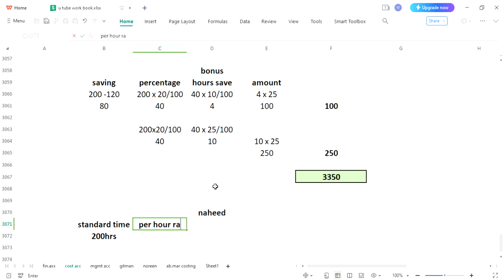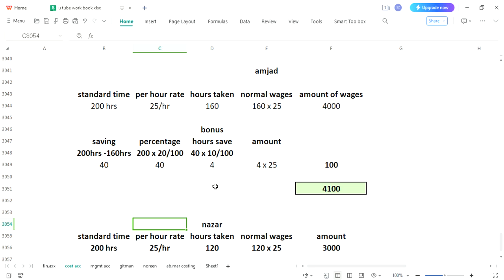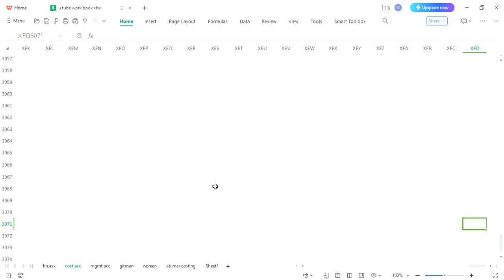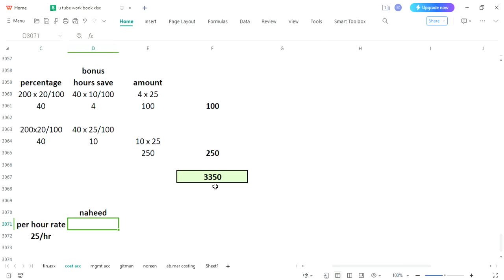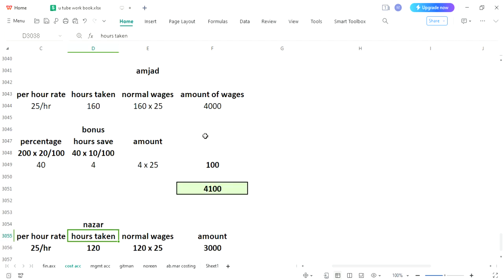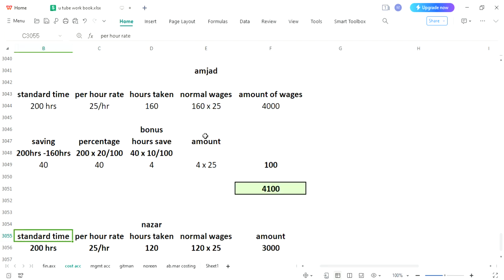The per hour rate is 25 per hour, and next is hours taken. Yes, from now there will be a difference that would start. For Nahid, we go to the question: 50 hours he had taken, a huge saving in time.